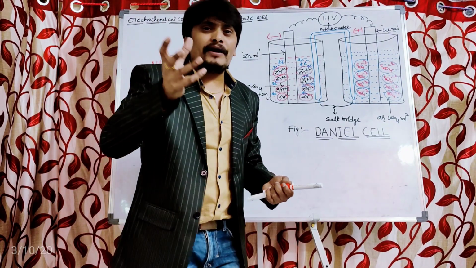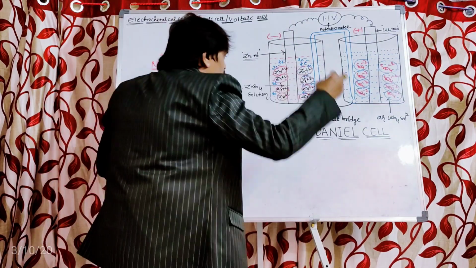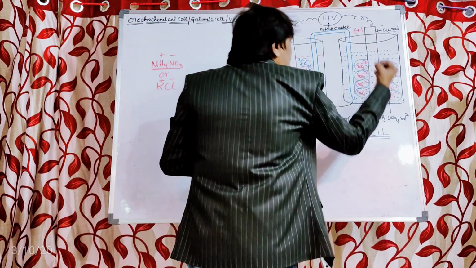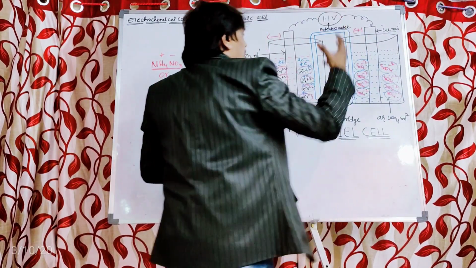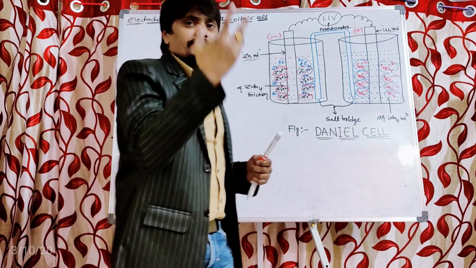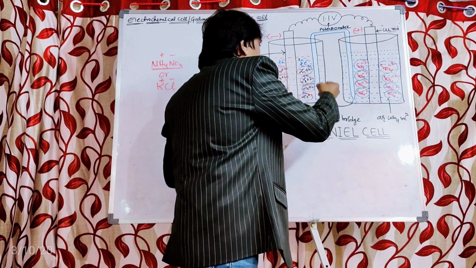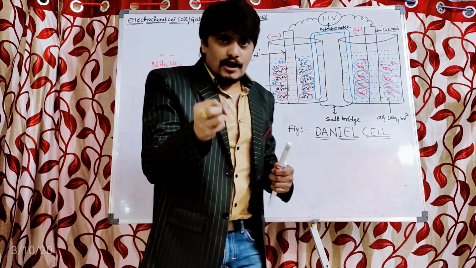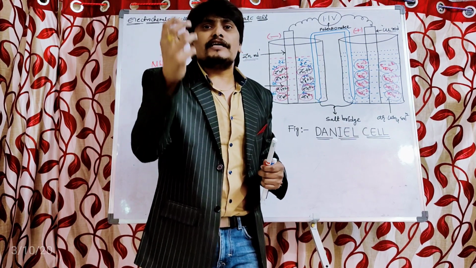So on the LHS beaker, the concentration of Zn+2 ions is increasing, and in the RHS beaker, the concentration of sulfate ions is increasing. Now these ions will become the barrier for the free flow of electrons. There is a traffic jam.